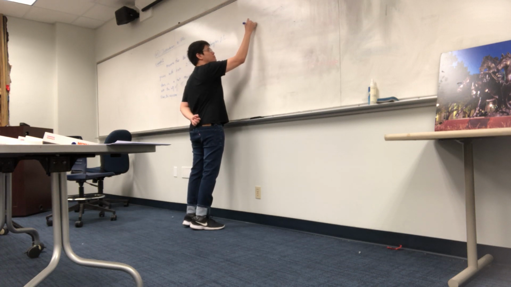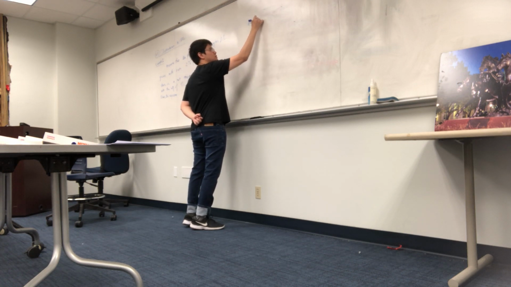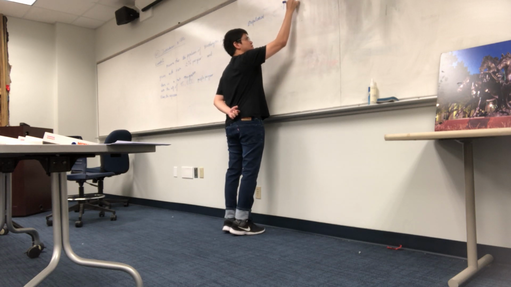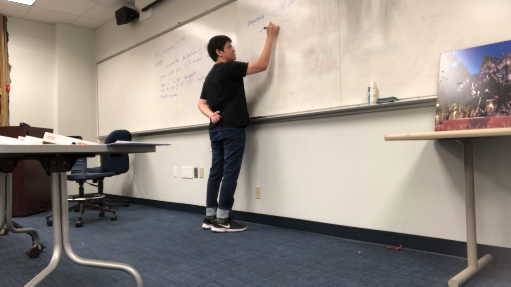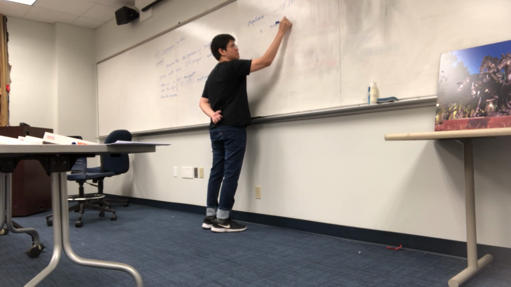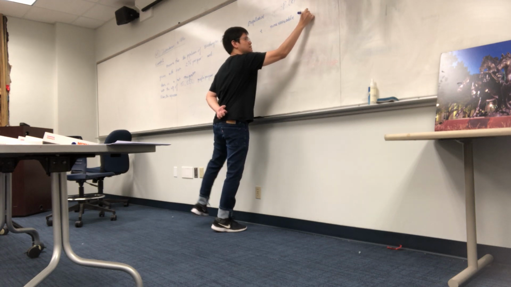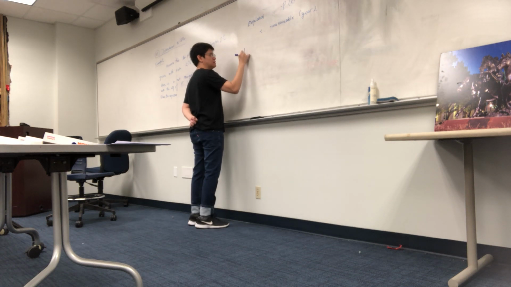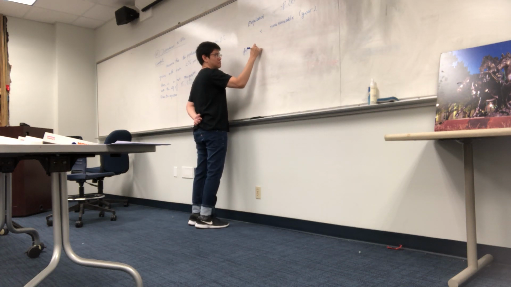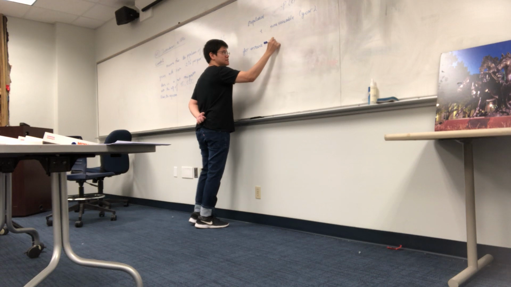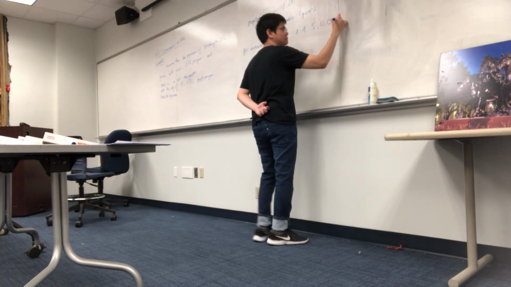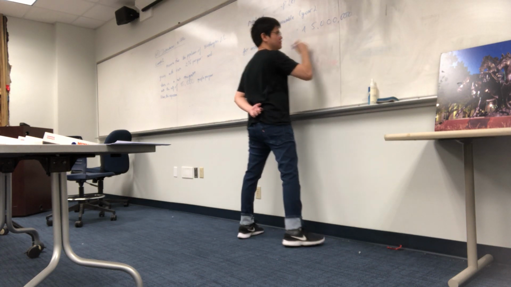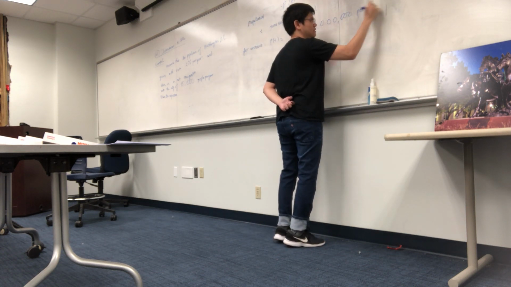So you call the population P of T, right? So T is the time variable. Of course, it is the year. For instance, P of T is 1 people. All right.